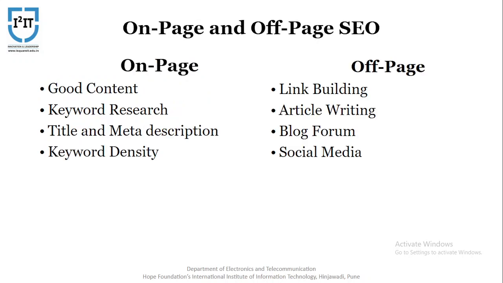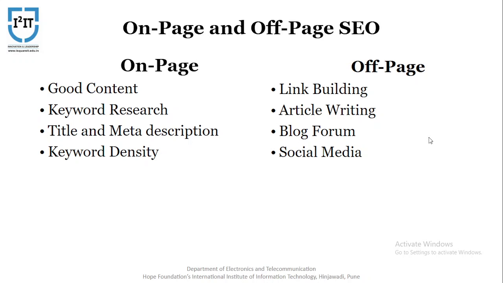Next comes, what is the difference between on-page and off-page SEO? What is on-page SEO and what is off-page SEO? Are these two different, or what are their roles basically? Conceptually, there are two ways of optimization. One is on-page SEO.